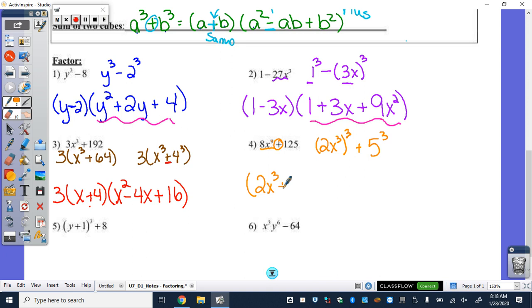So this is going to start out as a plus also. That sign is always the same. So then again, in here, 2x cubed squared is going to be 4x to the 6th, minus, multiply these two, 2x cubed times 5 is 10x cubed, and then plus 5 squared, which is 25. So there's our final answer for that one.